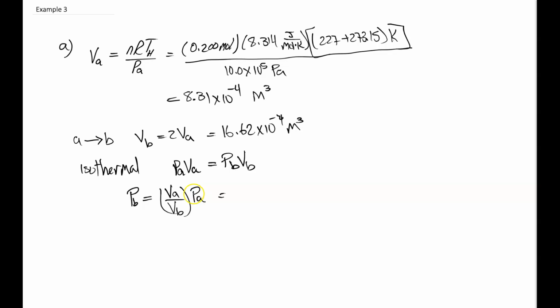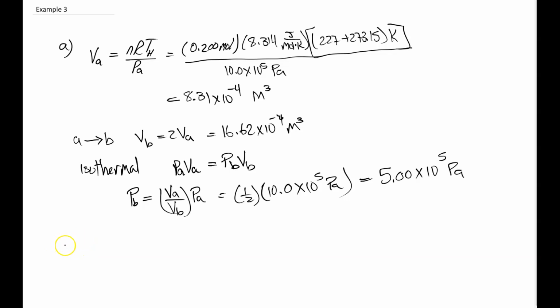Since VA over VB is 1/2, this is going to be 1/2 times 10.0 times 10 to the 5th Pascal, or 5.0 times 10 to the 5th Pascal.